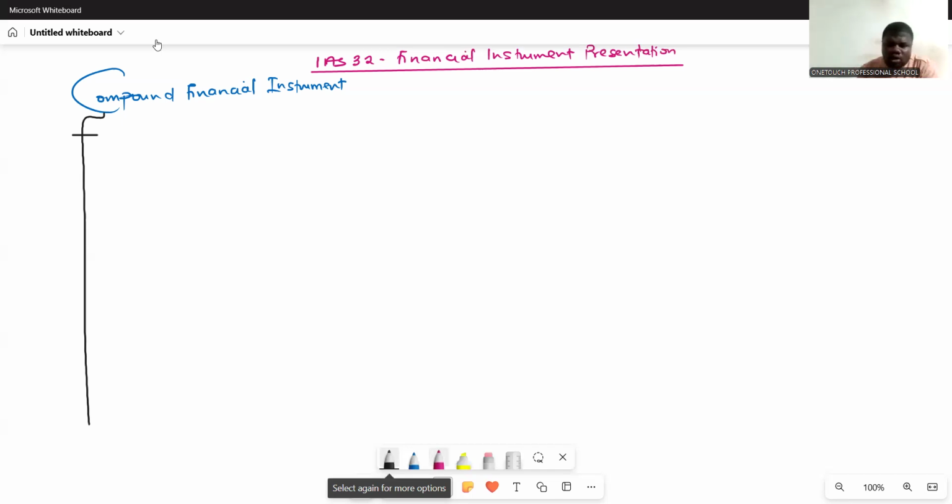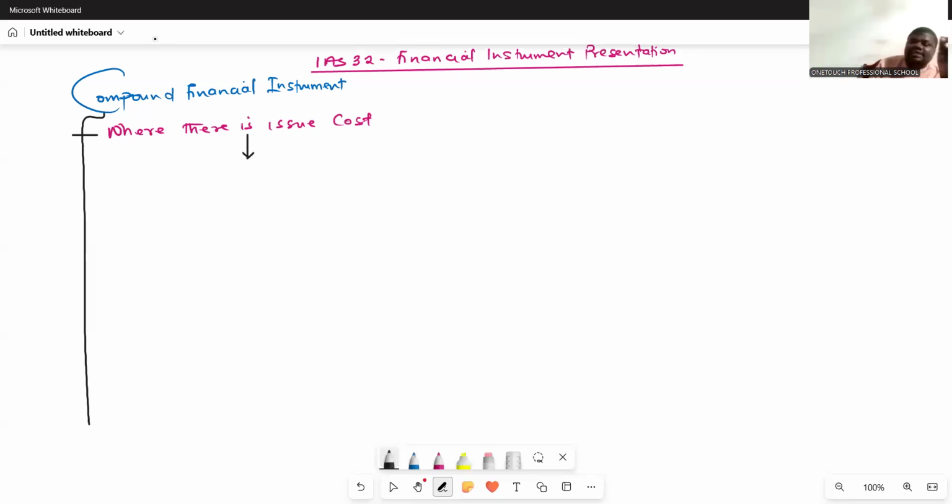Now, we want to look at where there is issue cost. It's not difficult. Where there is issue cost, two effective interest rates will be given. Whenever there is a compound financial instrument with issue cost, two effective interest rates will be given.